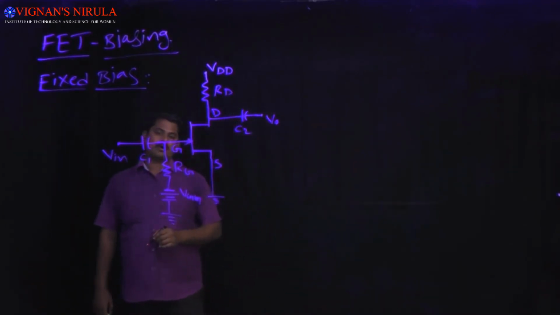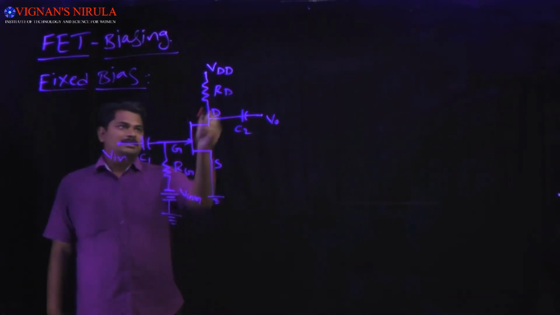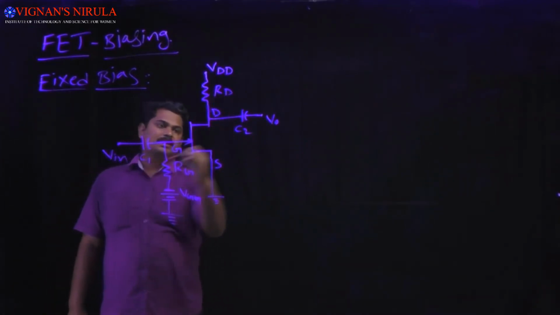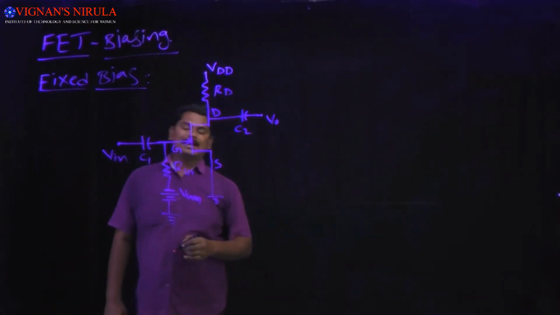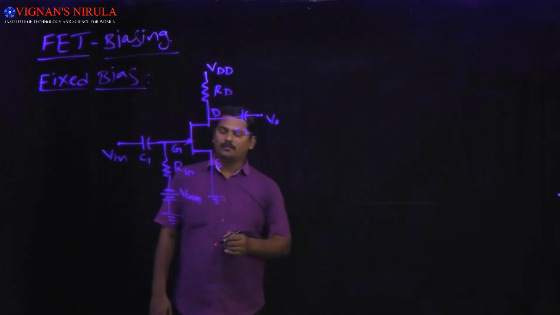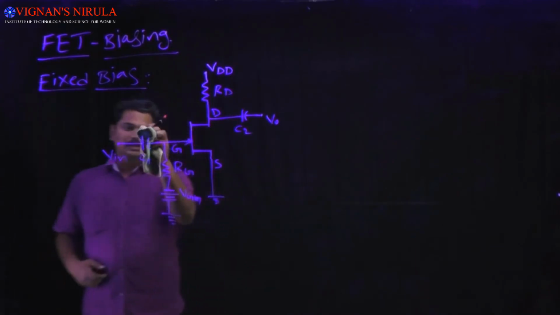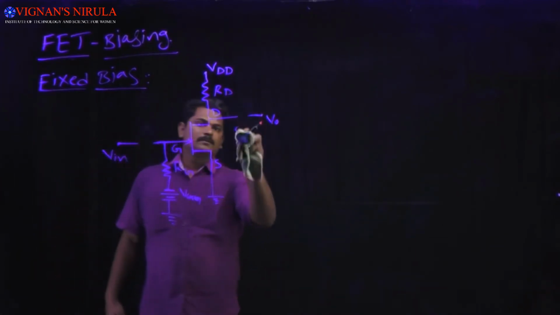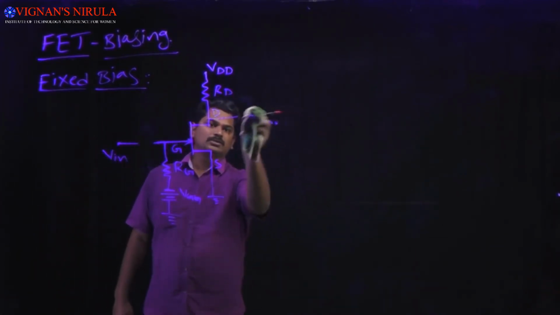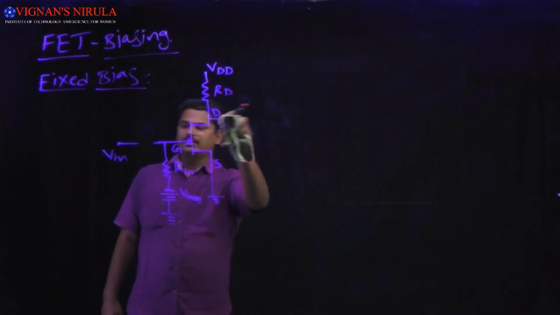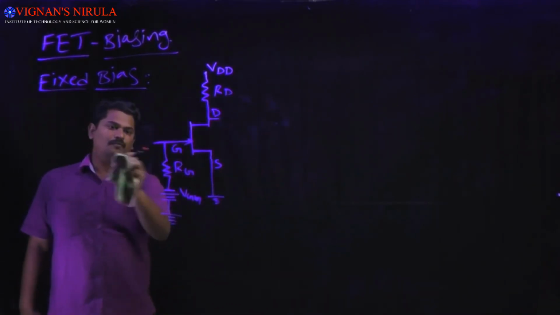Coming to the operation of the field effect transistor of fixed bias, for the DC analysis C1 and C2 will act as open circuits, so we can terminate C1 and C2 like this. Similarly there is no V0 and there is no Vi.